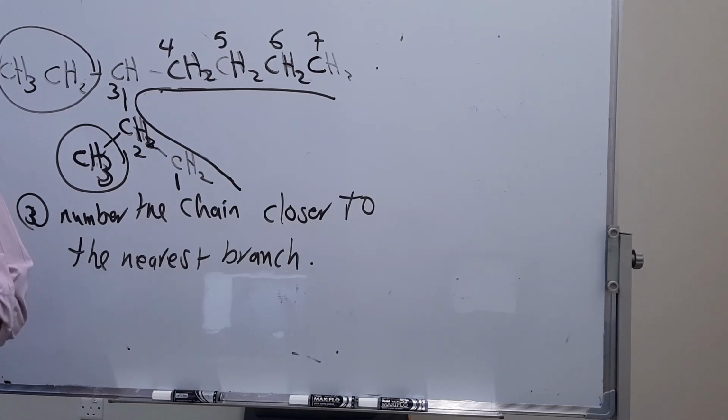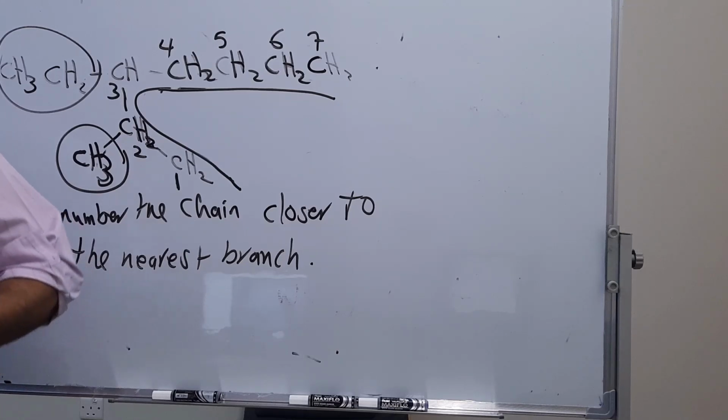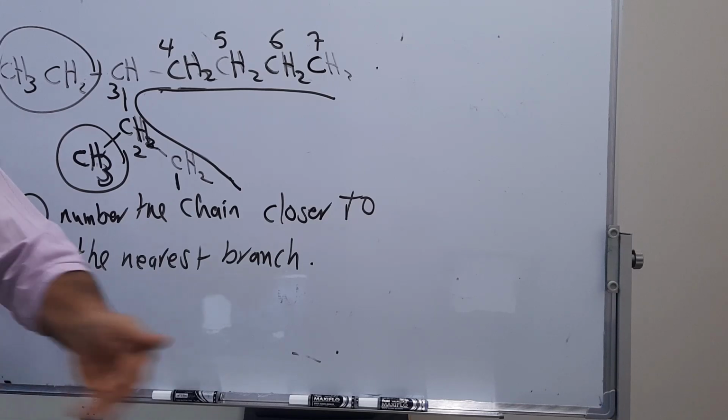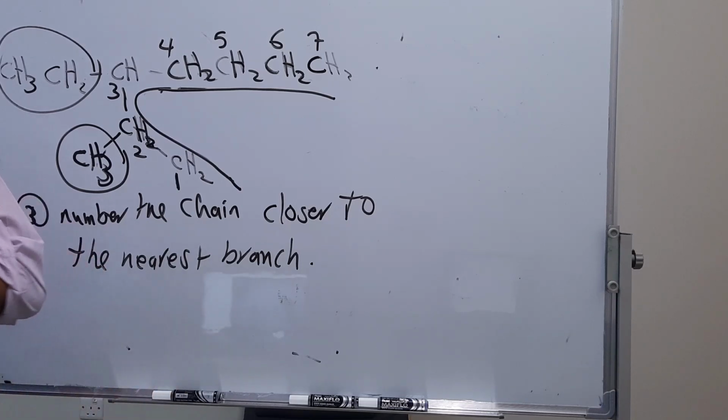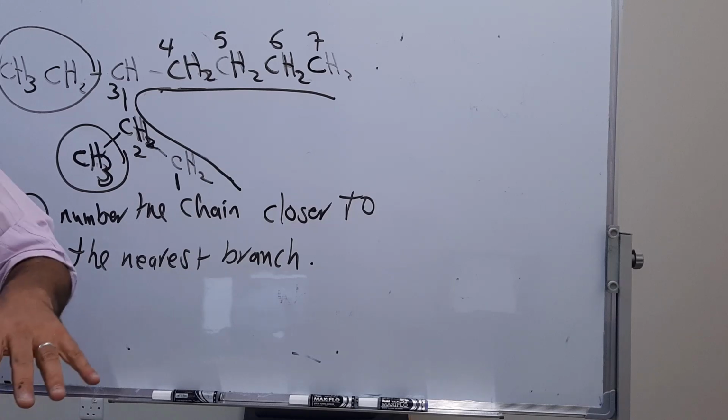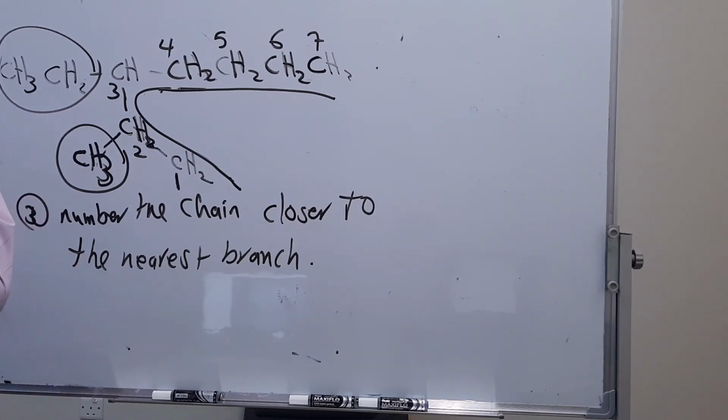By the way, I'm just going slow through these rules because these rules are the foundation of all IUPAC nomenclature, of all functional groups. These rules will be in every chapter. You must use them all the time.